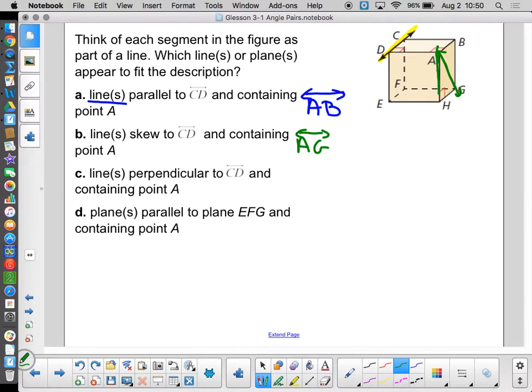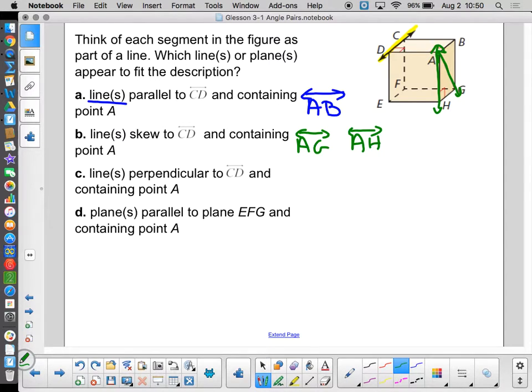AH does not lie in the same plane, does not intersect, so that would be skew. AB we've already covered. So as far as lines that are drawn in here, AD we know is intersecting. It's in the same plane.